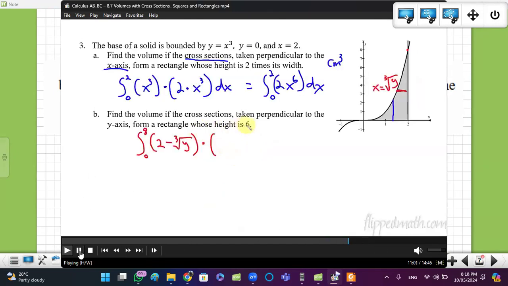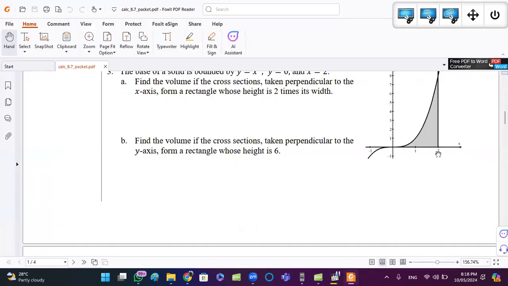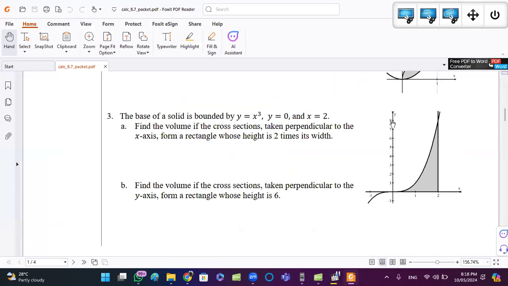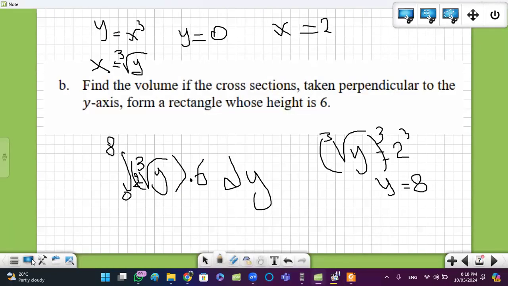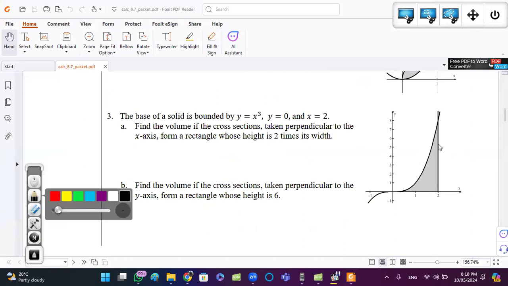Why 2 minus? I tell you why 2 minus. Because I need the area from 0 to 8, right? Between what and what? Between this line and the graph. Again, I need this distance.